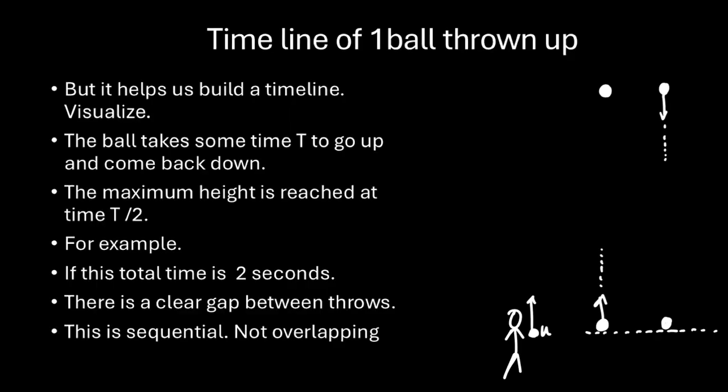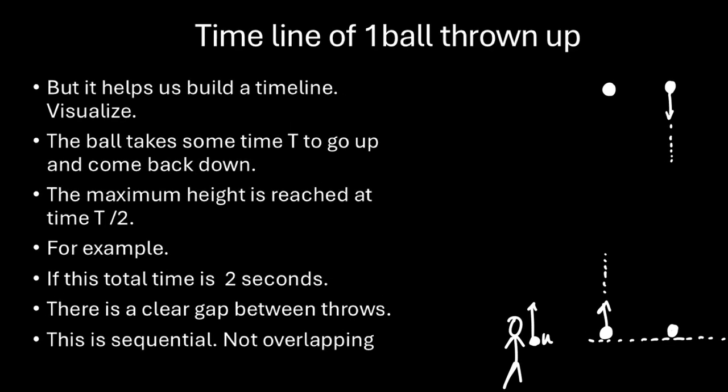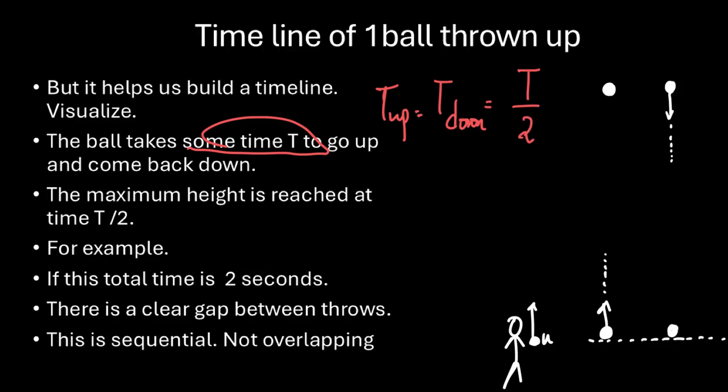Now, timeline of one ball being thrown up. Simple. The ball takes some time t to go up, let us say t up, and it comes down at time t down, which actually is the complete time of flight divided by 2.